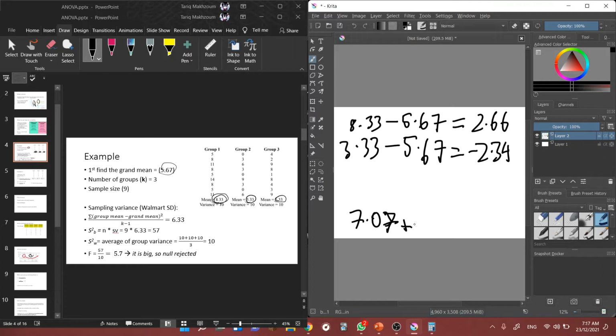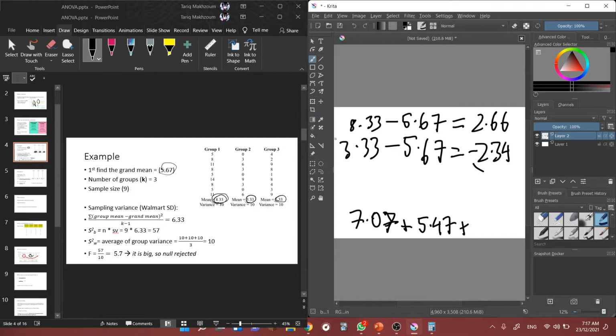And once you square that, hold on. So once you square minus 2.34, you get 5.47.